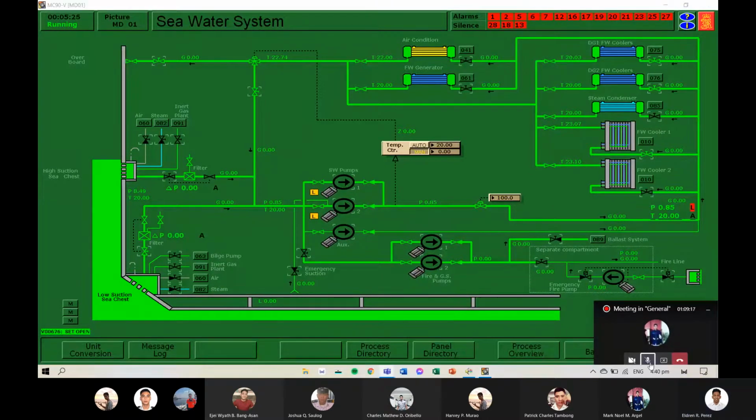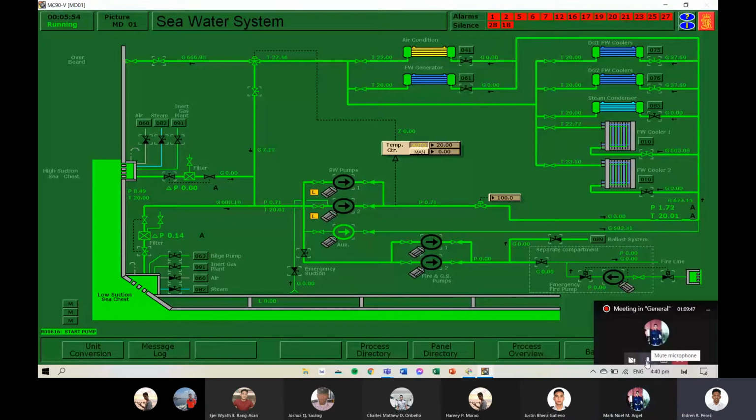Next, Chief Engineer Perez, sir, put the temperature control to auto mode. Done. And then start the auxiliary pump. Seawater cooling is now prepared.